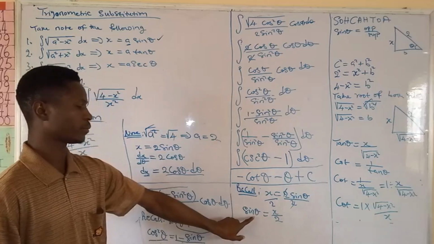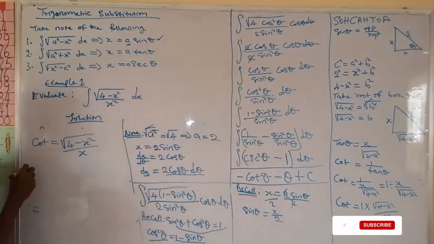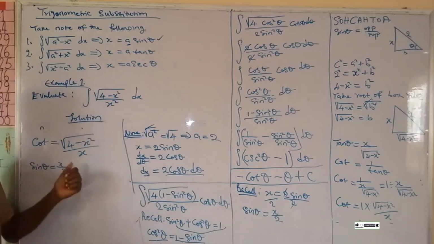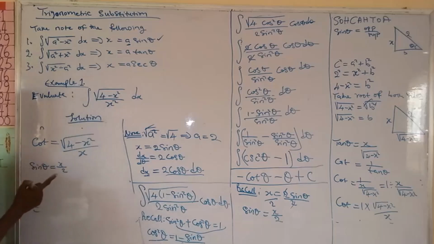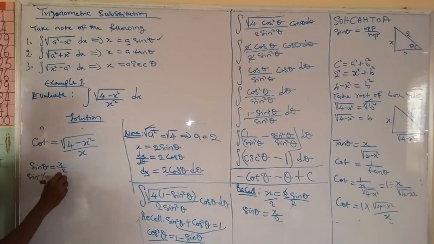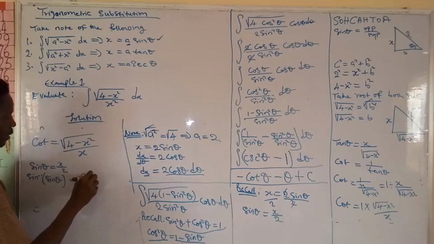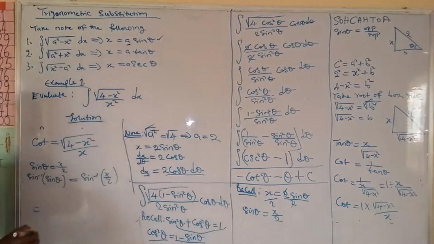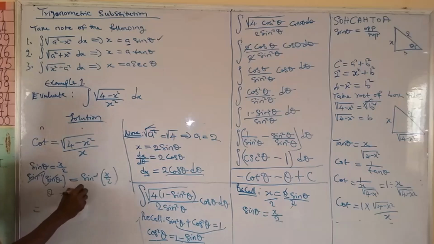Still from here, we say that sin theta is equal to what? X over 2. So what do we do? To get theta means we look for the sine inverse of sin theta, which is sine inverse of x over 2. So if we do that, sine cancels out sine, means theta is equal to the sine inverse of x over 2.